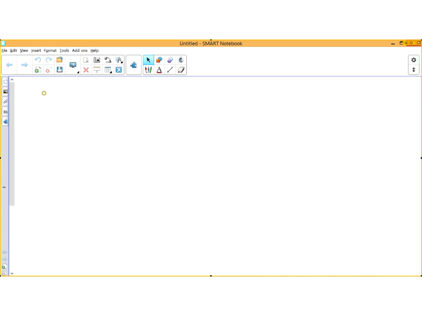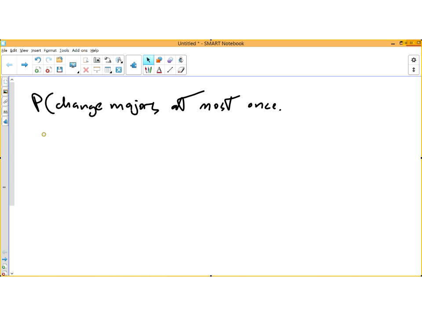So if I'm talking about the probability they change majors at most once, that means 0 or 1 times. So that's the probability that x equals 0 or x equals 1. But we could write that more simply by saying the probability that x is less than or equal to 1.